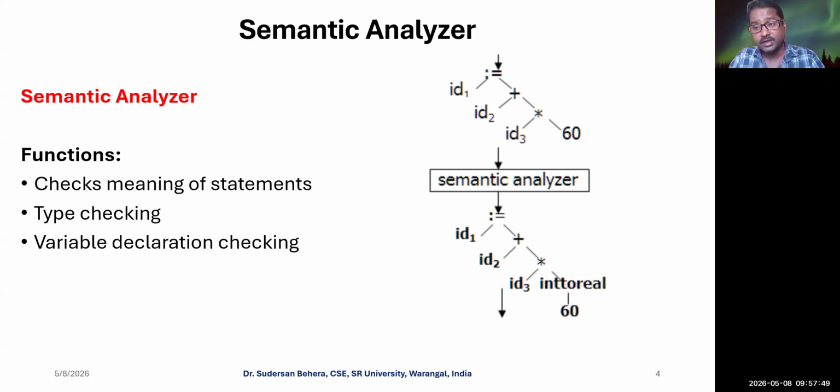Is the eventual meaning of the sentence correct? No, because the type of the variable a is integer, and you assign a real number or a floating point number. The variable type is integer, but you are assigning something else to that variable. How can that variable hold that value?